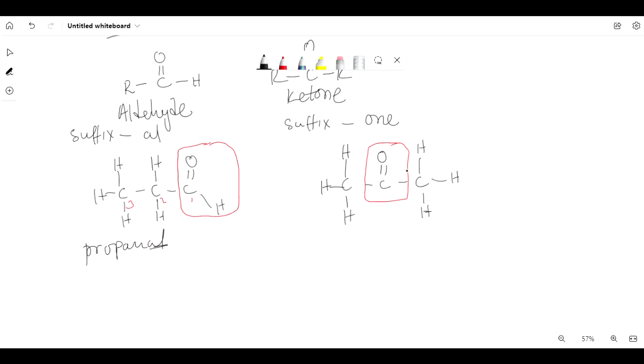Now here, because this is the minimum molecule in ketones, we don't have any other option to position this carbonyl group and put it anywhere. So now this will simply just be a propanone.